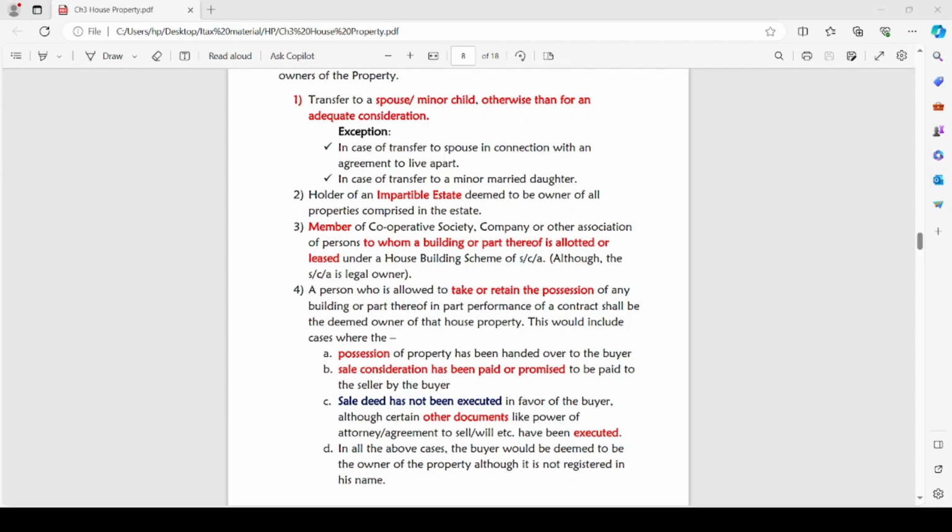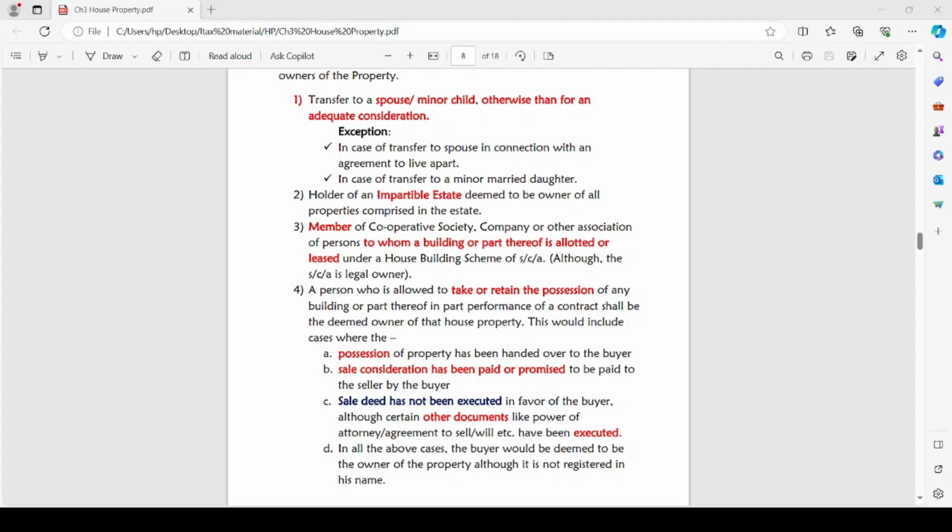If such a person has been allotted or leased part of a building by the entity, though on paper the cooperative society or company or association of persons is the legal owner, the member will be considered as the deemed owner of such house property as per our income tax provisions.